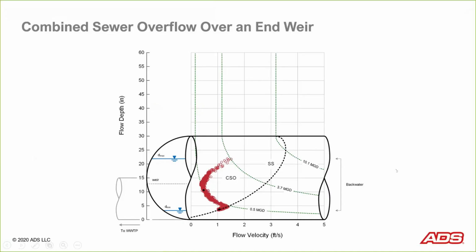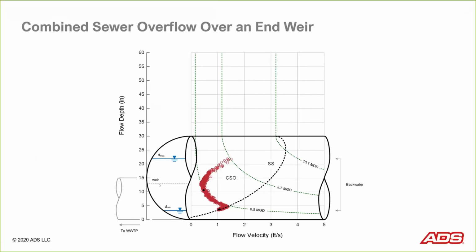Well, it turns out it is the CSO overflow structure. So in this case, this 30-inch diameter sewer is routing flow through a CSO regulator into a 15-inch diameter sewer that heads to the wastewater treatment plant. And there is a weir.